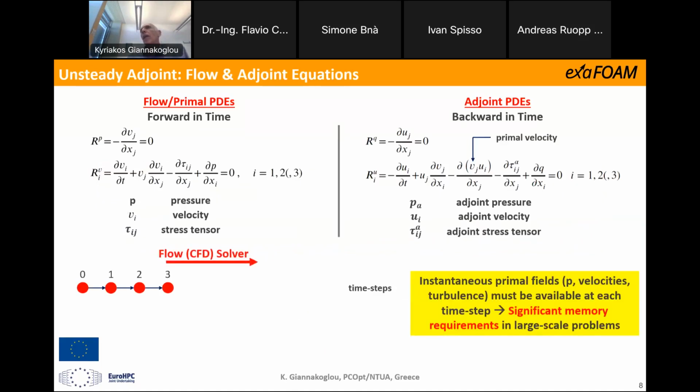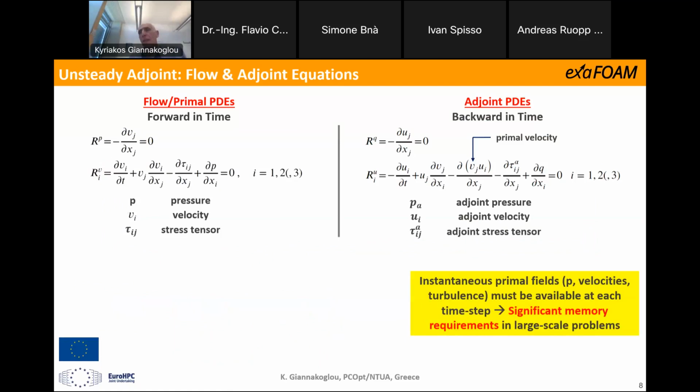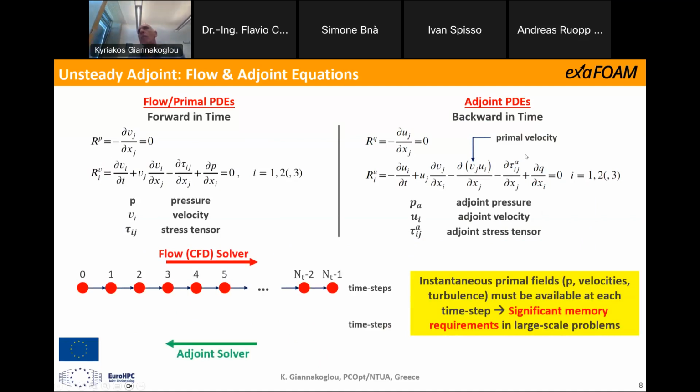The important thing, however, is the following. What you see here is the flow equations on the left, the adjoint equations on the right. And the important thing, allow me to repeat what you have seen before, is that whenever you are solving forward the primal equations, then you are obliged to integrate the adjoint equations backward in time. What is the meaning of that?